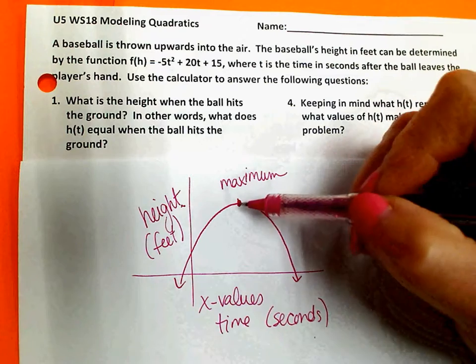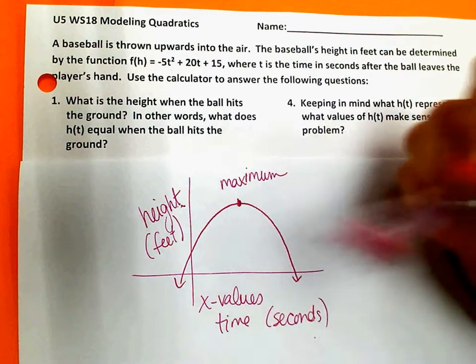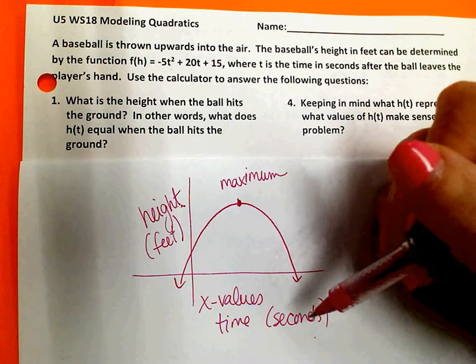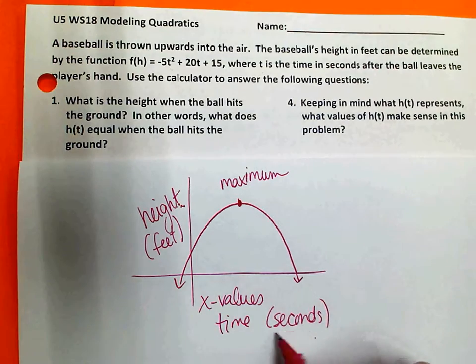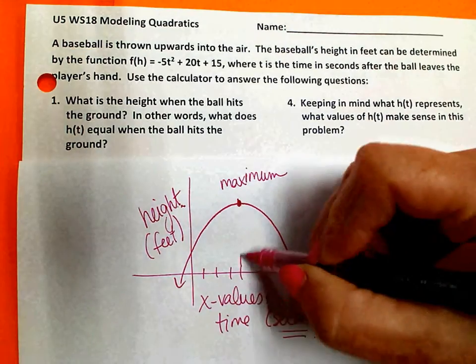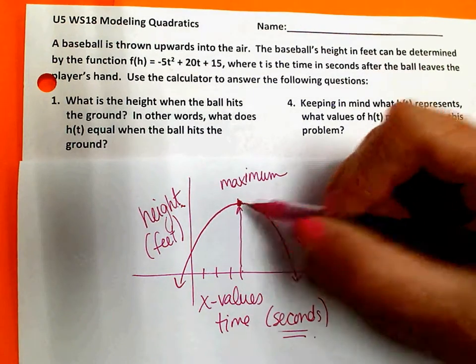I'm asking you, since it's height, for the y value of this point. If I ask you, how long did it take the ball to reach its highest point? How long is time? I'm asking you, how many seconds did it take? What is the x value of this point?